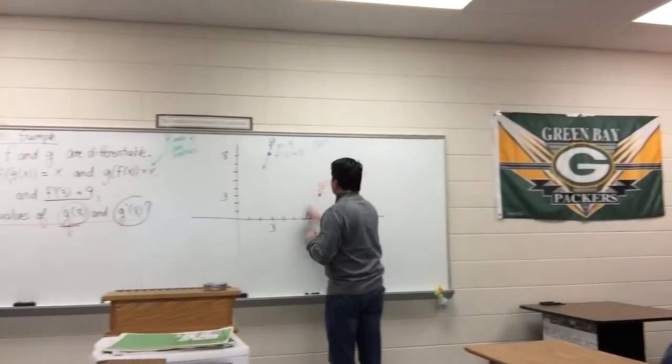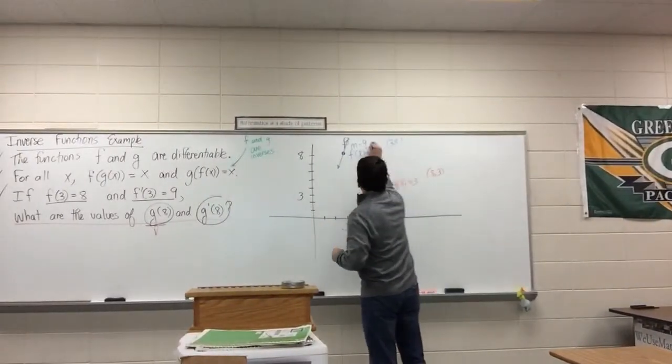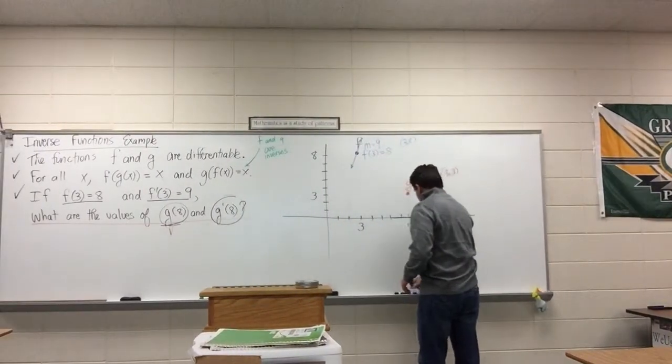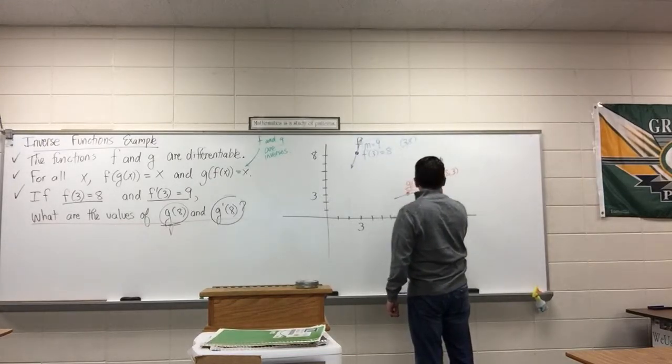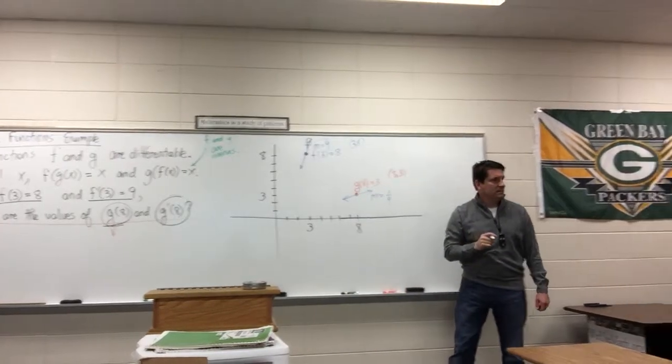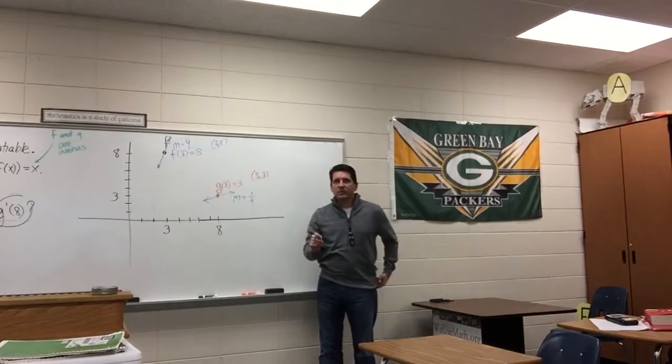So the slope here was 9. The slope here is 1/9. They're reciprocals of each other.